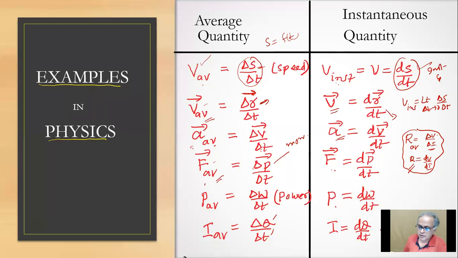No, sir. Who else? Vasist? Sir, can we write F is called average of force is equal to delta? No, it's already given. Average force is there, instantaneous force is there. What else?